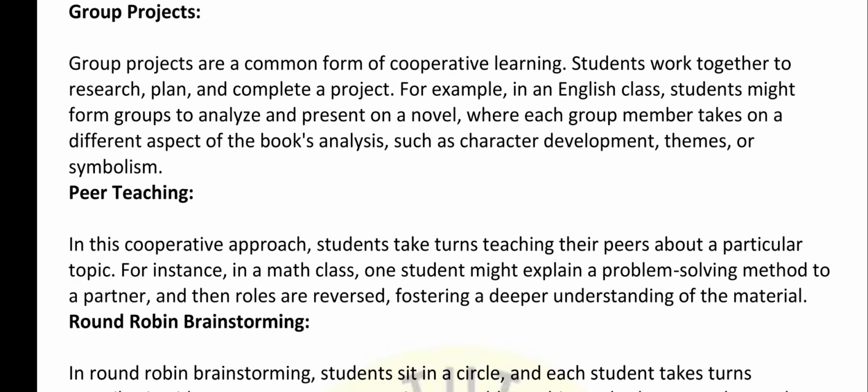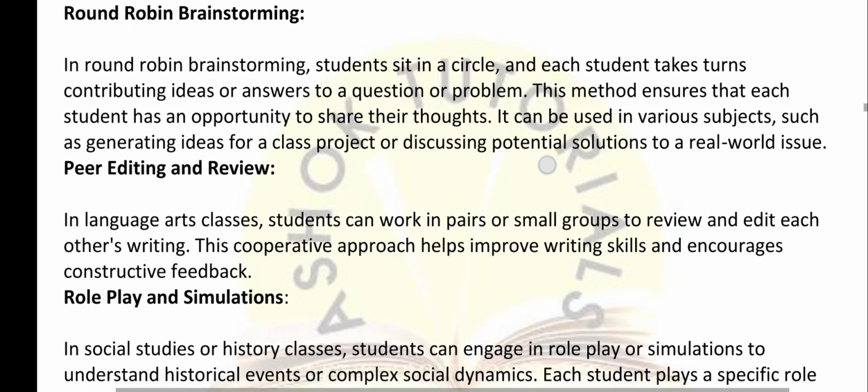So the expert ones will teach the average ones, or they will teach the weak ones, the slow learners. They will do self-study, or they will do a peer teaching process where they will teach the content to their friends, I mean to their peers, right? That is called peer teaching.